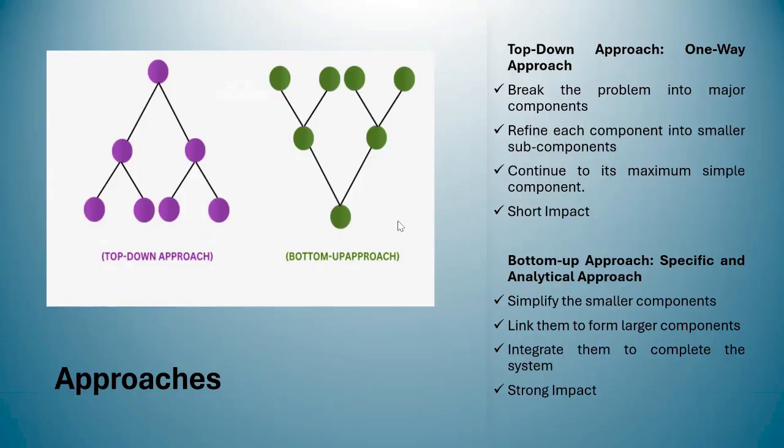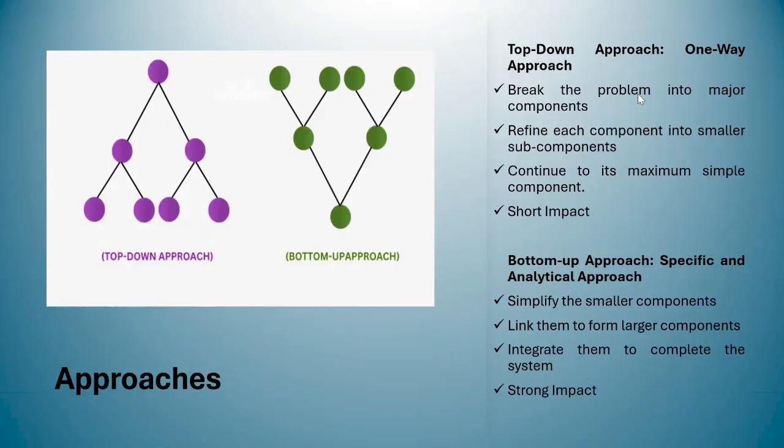Then come to bottom-up approach, specific and analytical. Simplify the smaller components like this, you see. Link them to form larger components. Integrate them to complete the system, and this has got a strong impact.